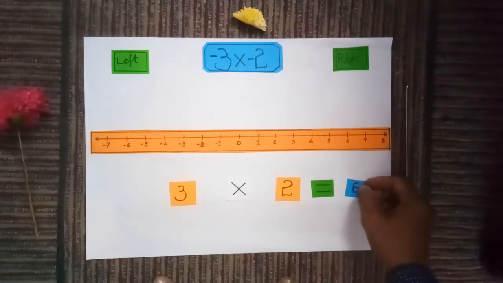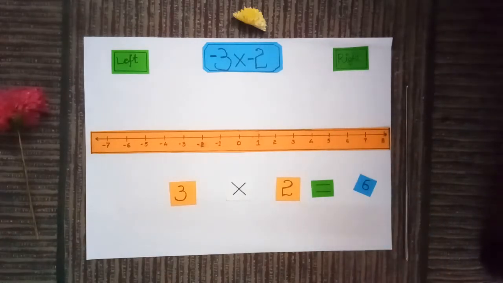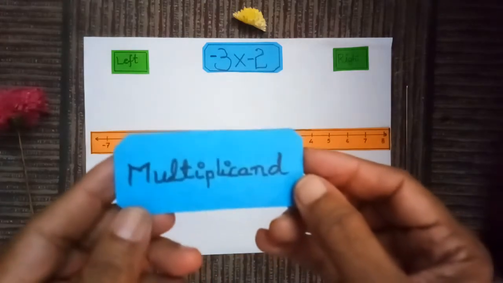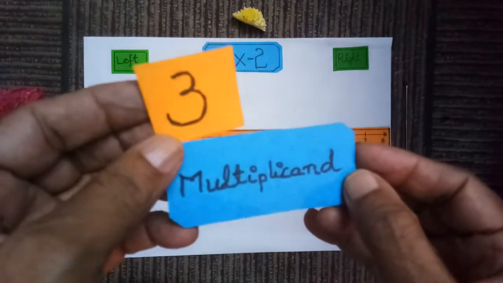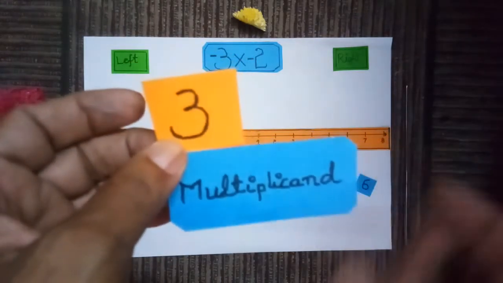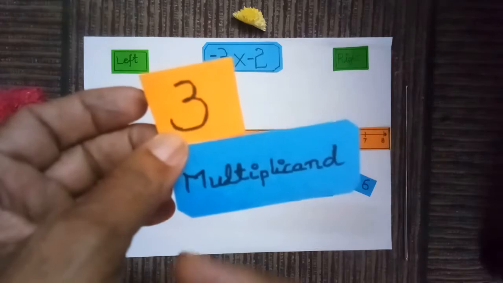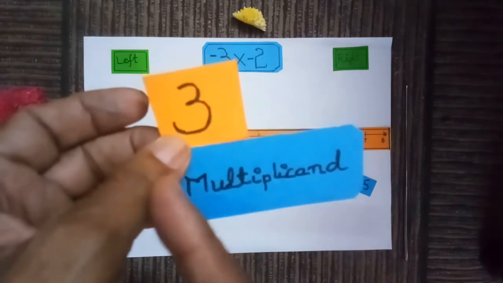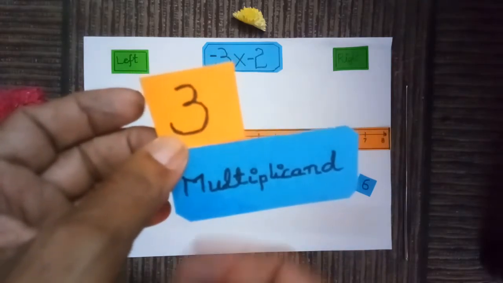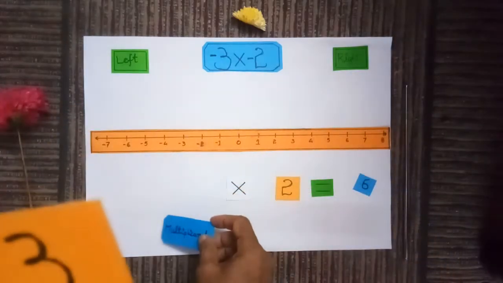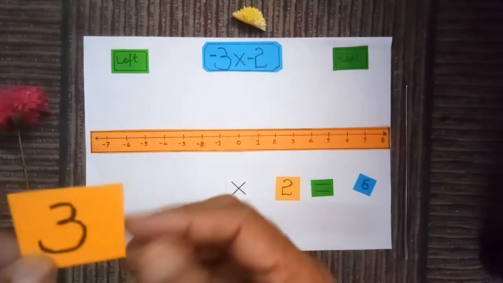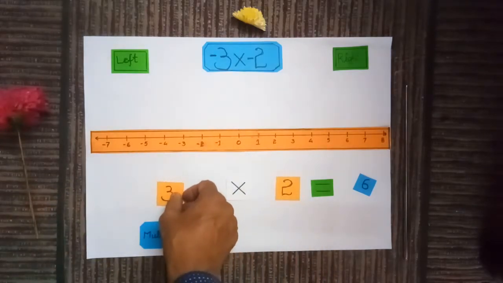Now we call this 3 the multiplicand. Multiplicand means the number which is to be repeated. So 3 is the number which is to be repeated. How many times is decided by the number 2.